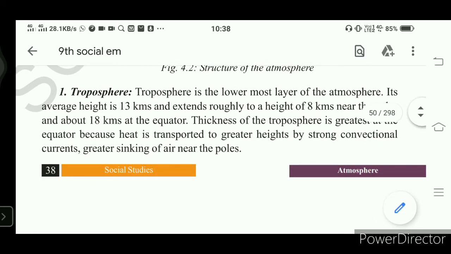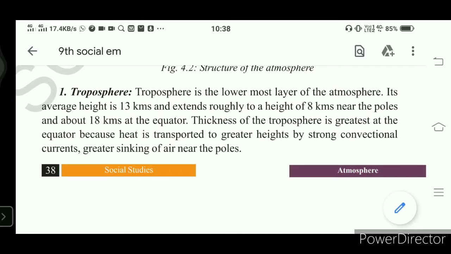That is the reason, because of the heat, the thickness of the troposphere at equator is 18 kilometers, and at poles it is 8 kilometers thickness.